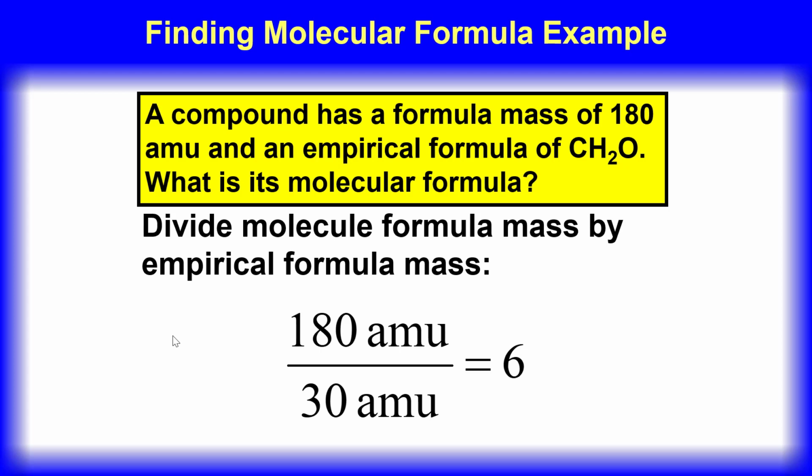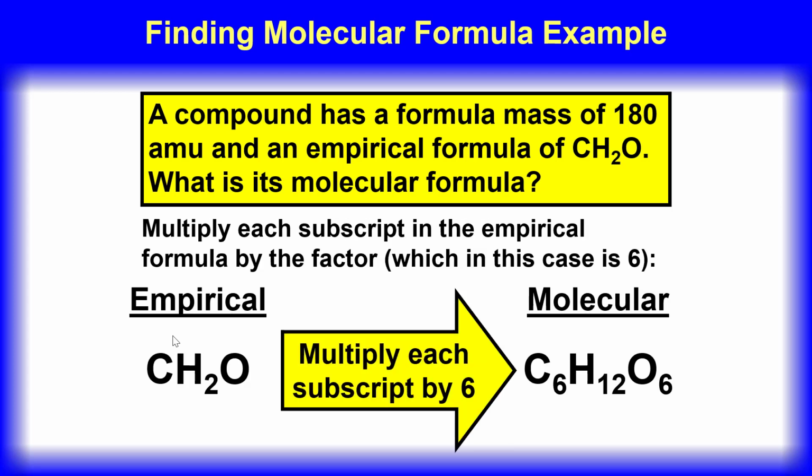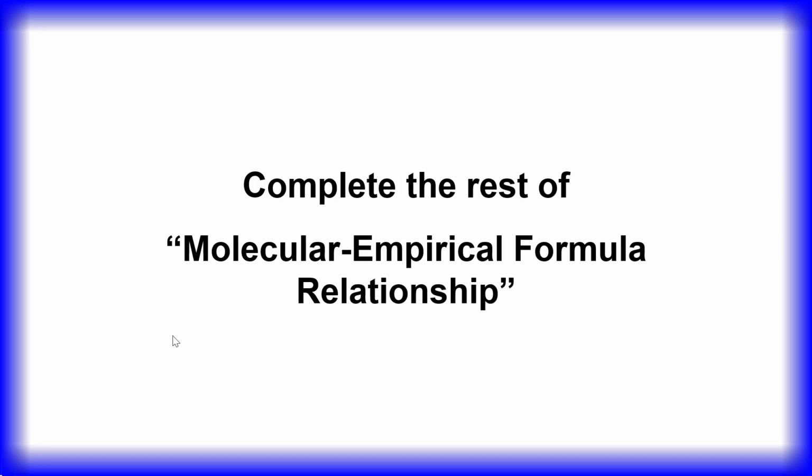So that means to find the molecular formula, we multiply each subscript in the empirical formula by 6. And now we know what our molecular formula is. Because both the mass and the number of each atoms is related by that factor of 6. So now you should be able to finish the rest of that Google Slides.